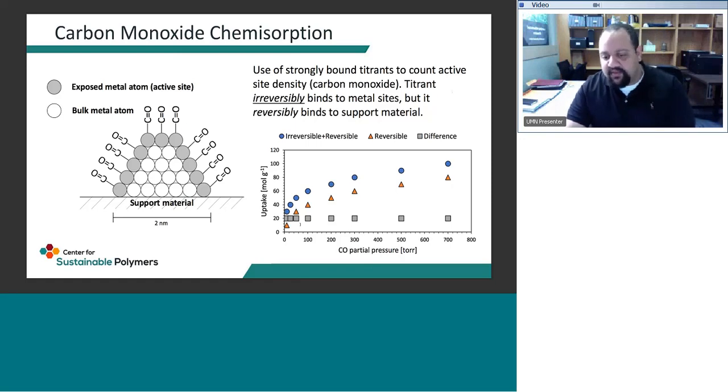What you'll get this time is just what's been reversibly adsorbed or stuck to the support material. And when you take the difference of those two isotherms, you get your irreversibly bound carbon monoxide, those that were stuck to your metal sites. And from that, you can correlate and quantify how many active sites you had exposed of this metal.